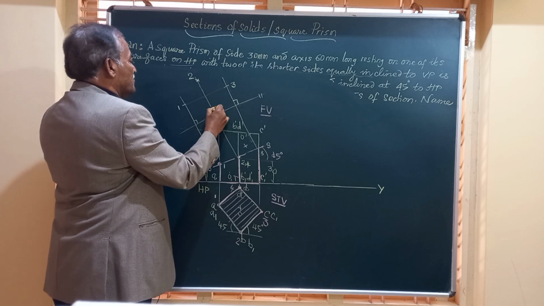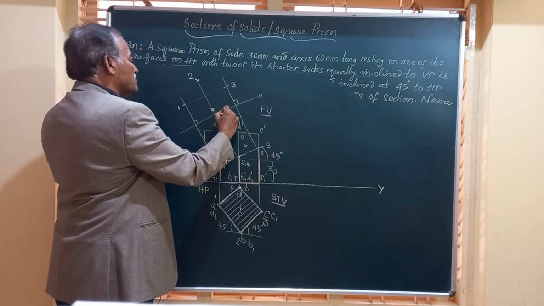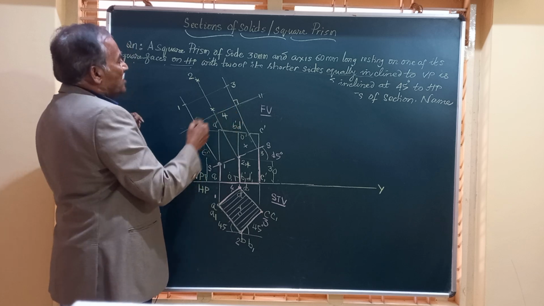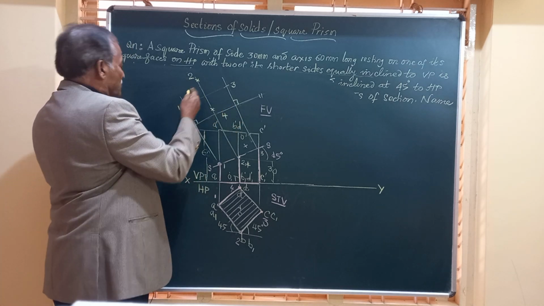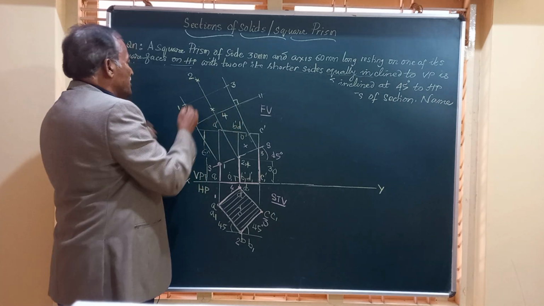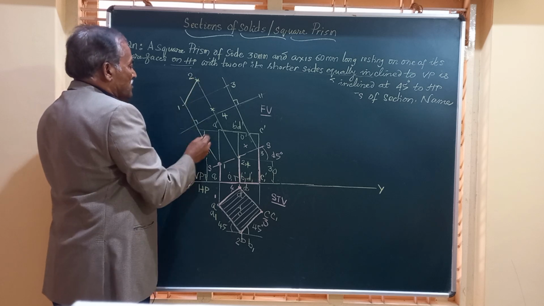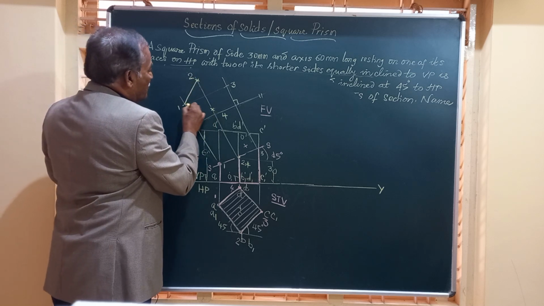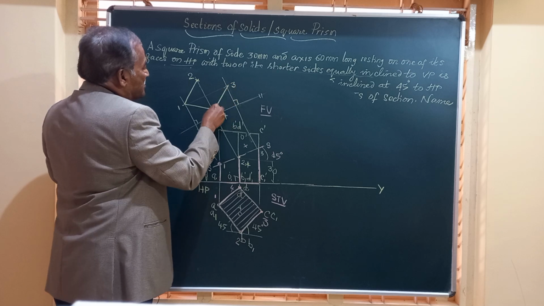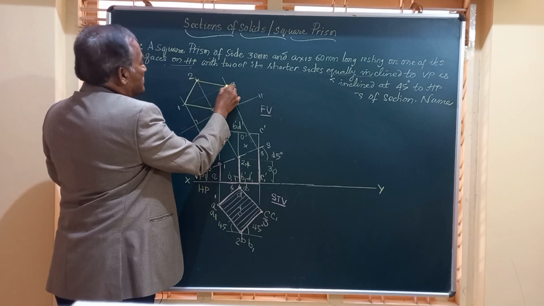So we got 4 points, 1, 2, 3, 4, and we'll join all these by straight lines. So I just join 1 to 2, 2 to 3, 3 to 4, and 4 to 1.